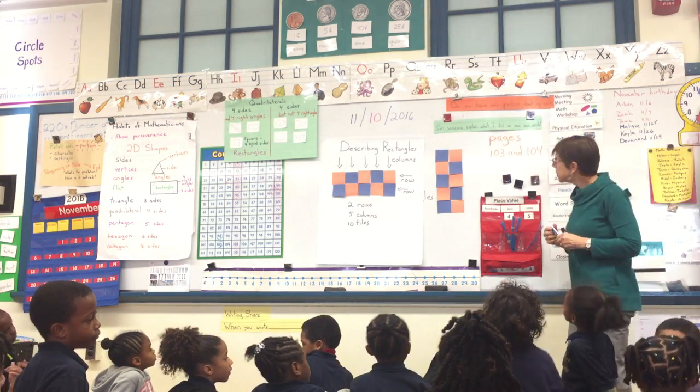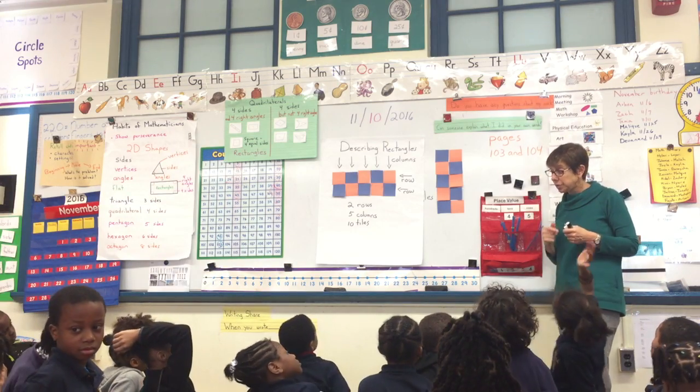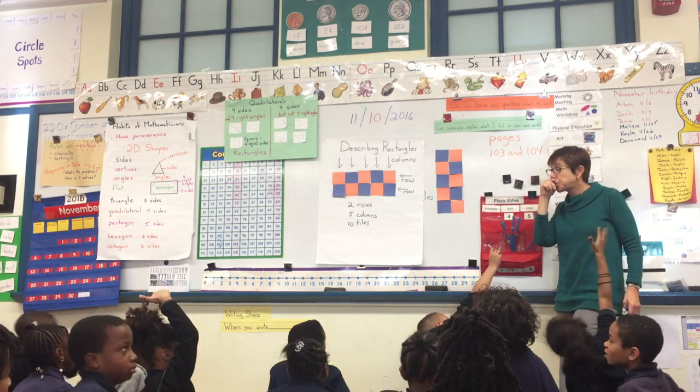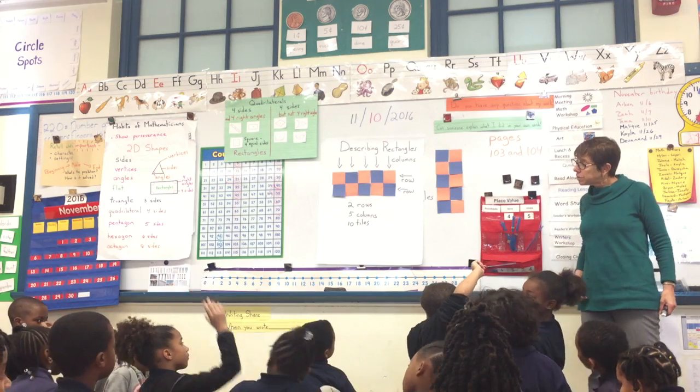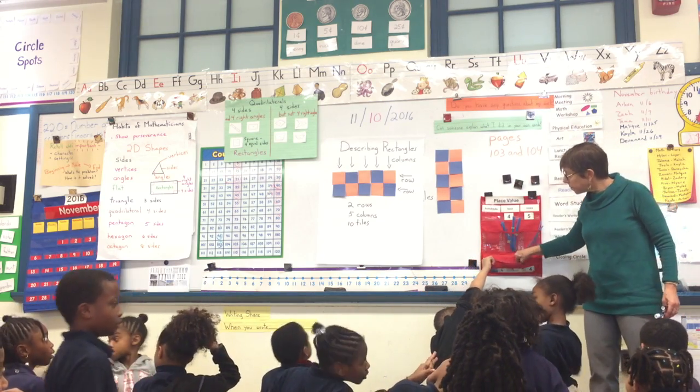It has 2 rows. Does it have 2 rows? Denasia, how many rows does it have?